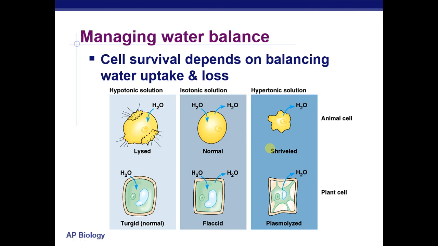All right, and that would not be good for the cell. So cells work really hard with, for example, transport proteins to maintain an isotonic environment in which their inside and outside concentrations of water and dissolved solutes are about the same.